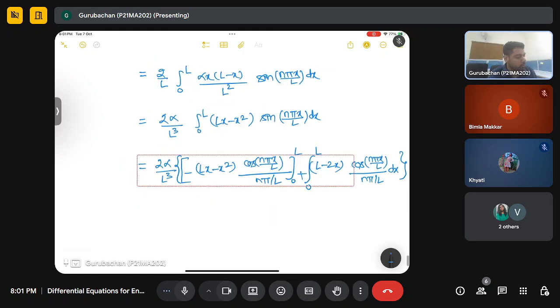Okay, so the next one will be 2 alpha by L cube. While putting L, this will become 0, and again while putting 0, this will become 0.